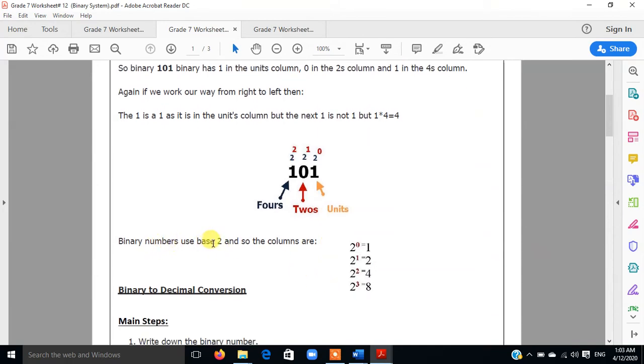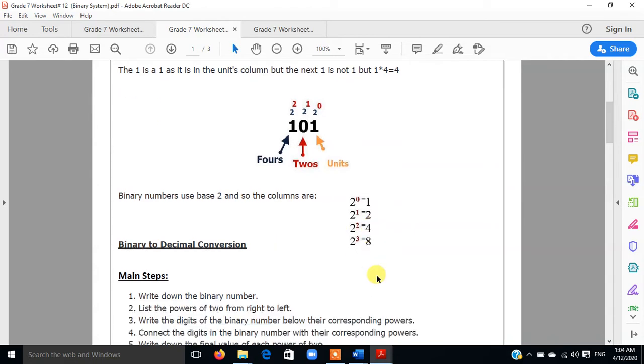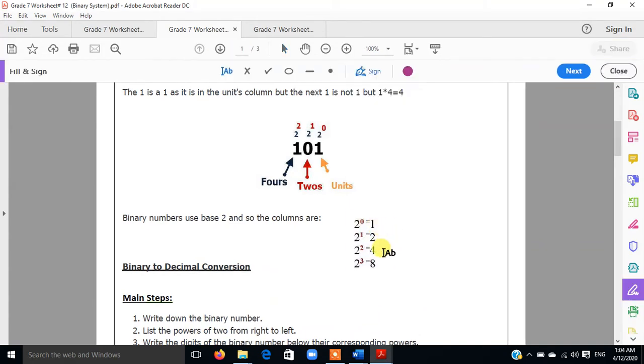Let's talk about the bases for the columns. 2 power 0, as we said earlier, any number powered by 0 equals 1. 2 power 1, any number powered by 1 equals itself, 2. 2 power 2 means I'm going to multiply 2 by itself 2 times, so 2 multiplied by 2.